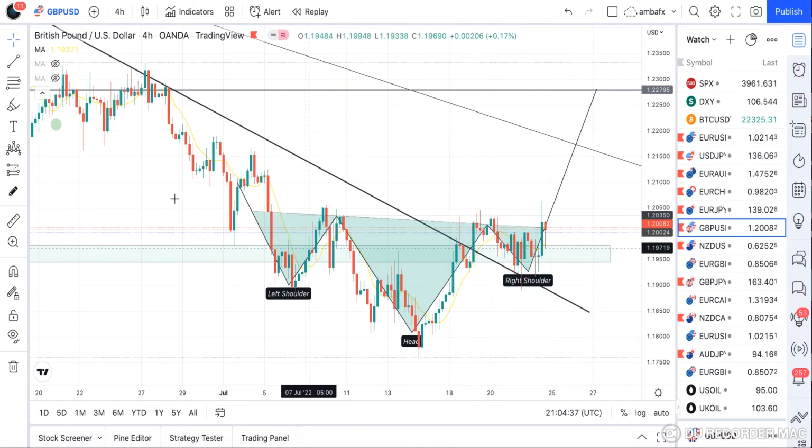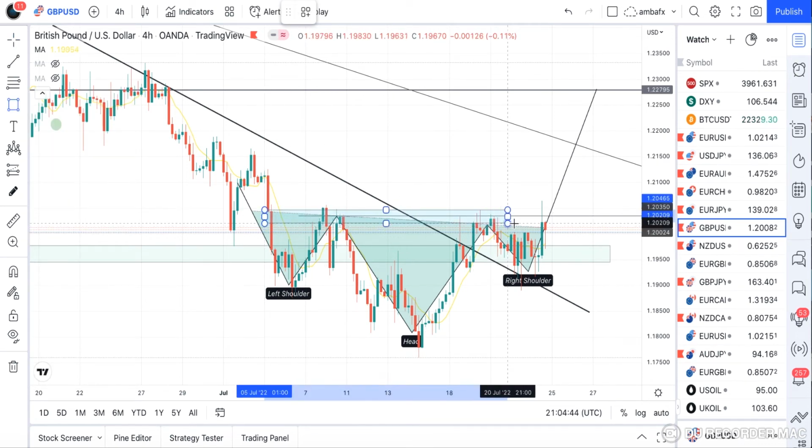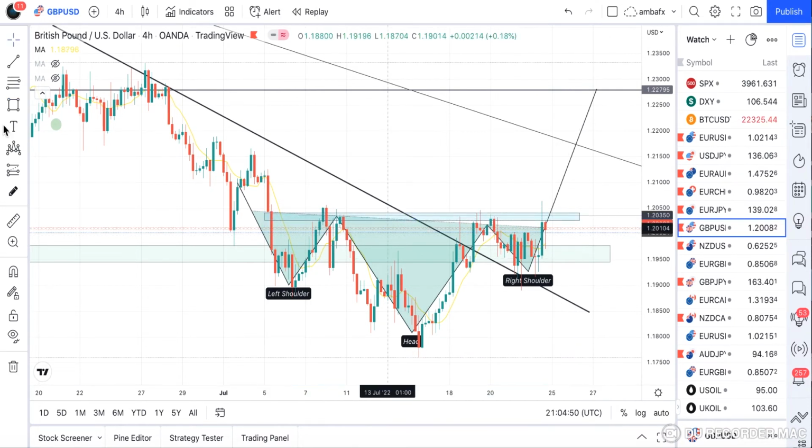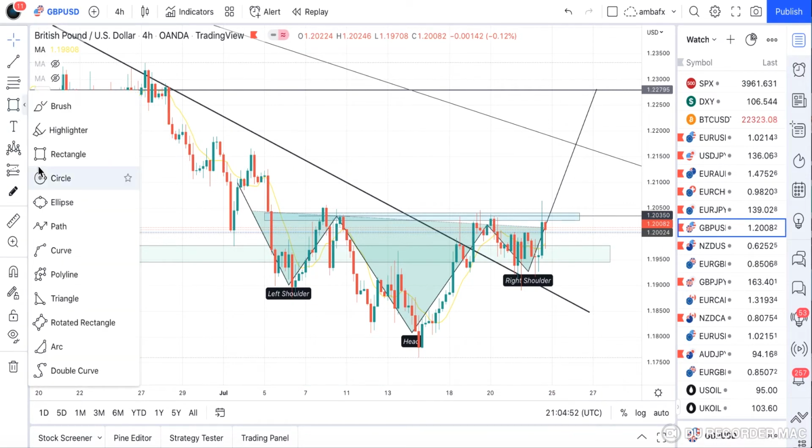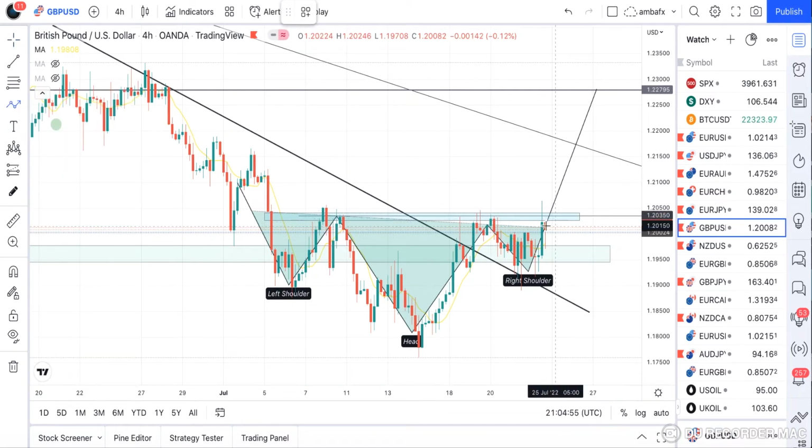But if you check this level very well, if you see a breakout of this particular neckline on Monday, you can go long after a retest. If there is a breakout and if there is a retest, you should go for long to that particular area.